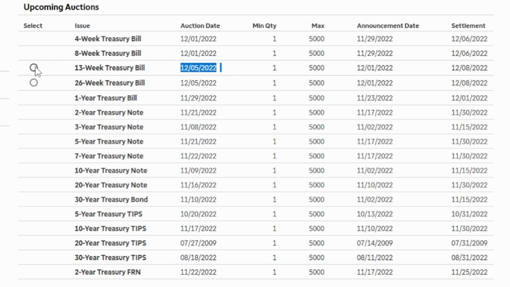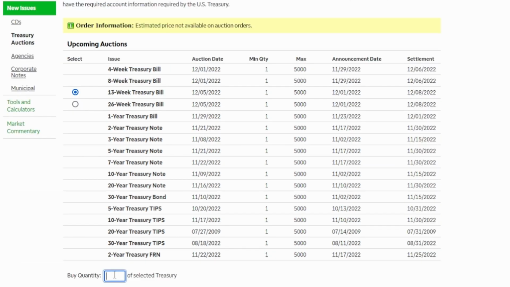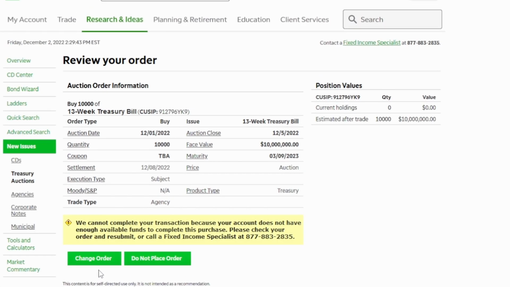So let's select that. Now look at this here. It says buy quantity of selected Treasury. This is really a bad thing that they have here, because let's say you think you want to put $10,000. You don't know what the minimum quantities are. So look at review order. We cannot complete this transaction because your account does not have enough available funds to complete this purchase.